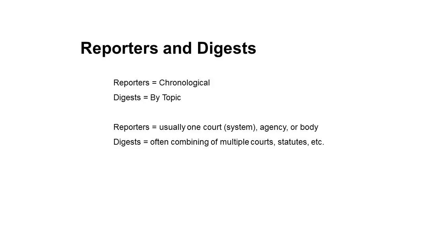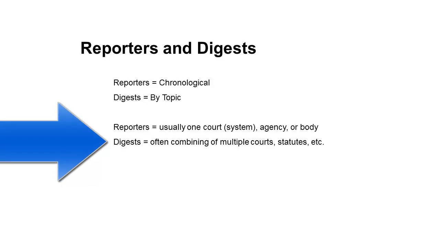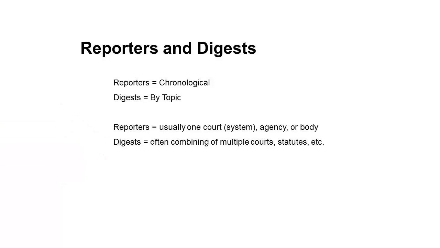Now, the other thing is reporters, and we're talking about books here, are usually going to be one court system or one agency or one government body, whereas digests are often going to combine multiple courts or multiple different sources of laws.